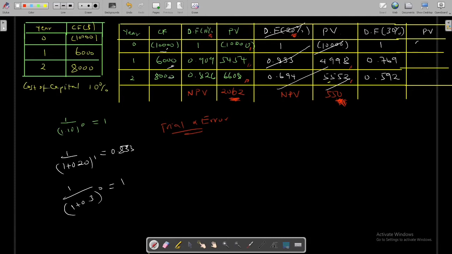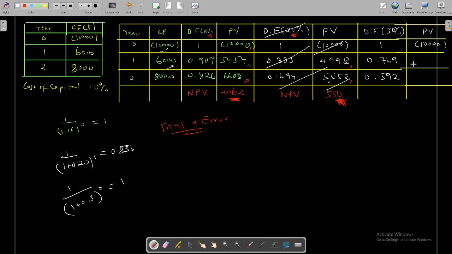When we multiply this by these cash flows, we are going to have present value. We are going to have 10,000 here. Another one will be 0.769 multiplied by 6,000.